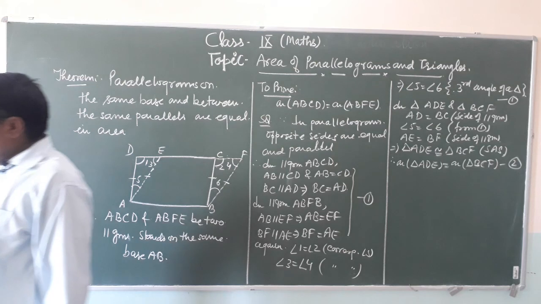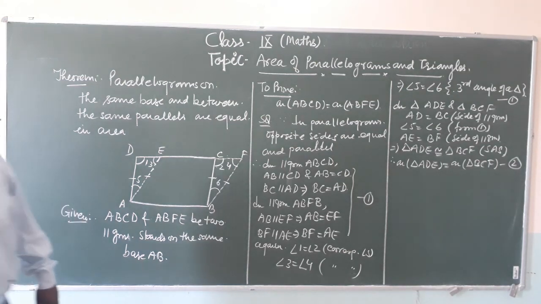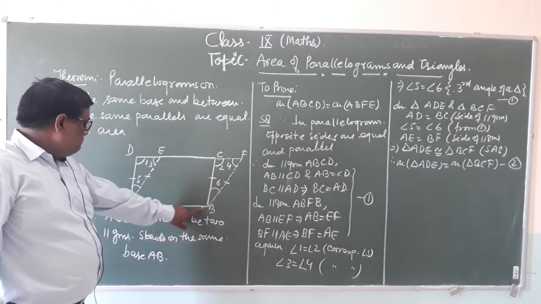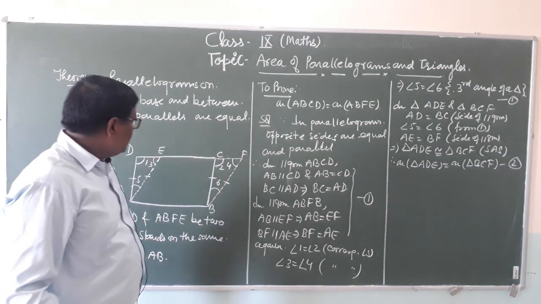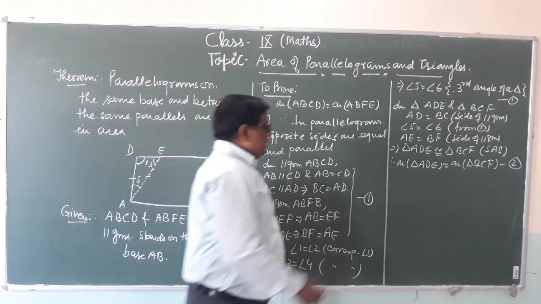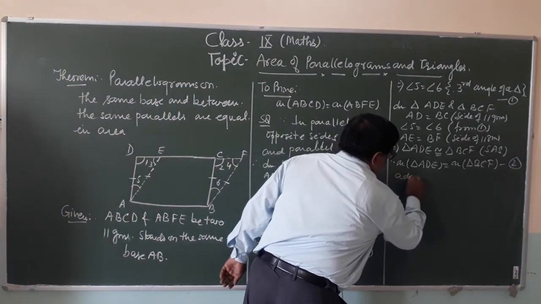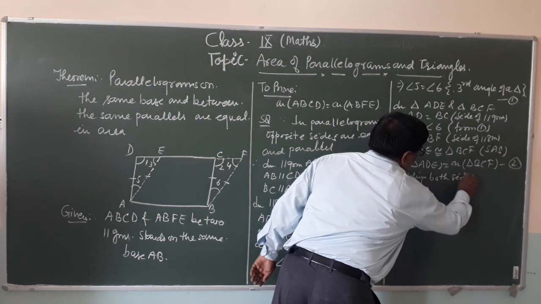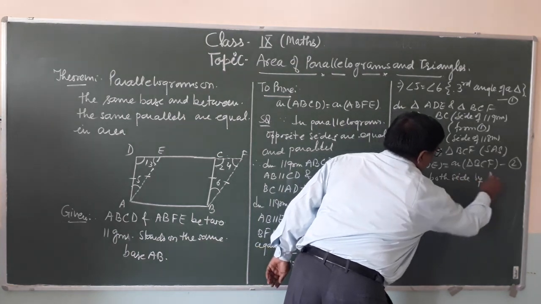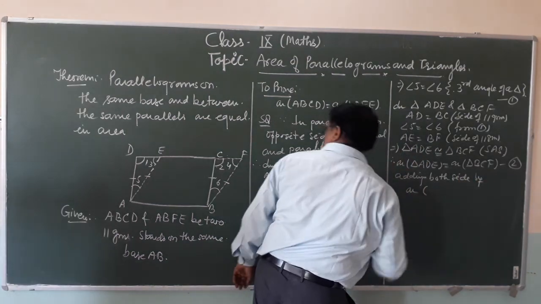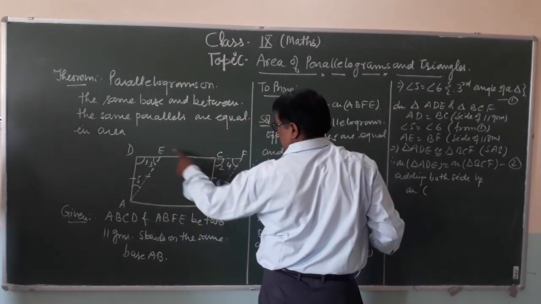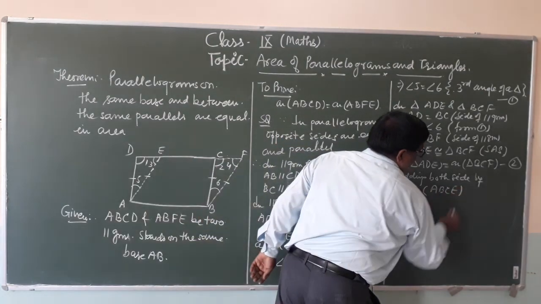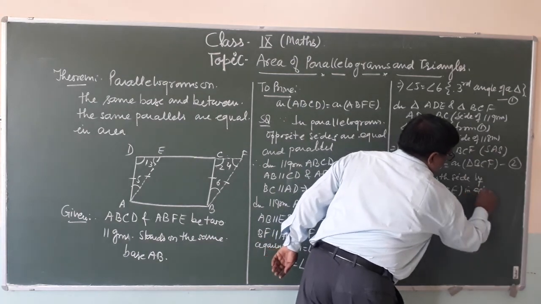Now we add the common area, that is ABCE, to both sides in equation 2.